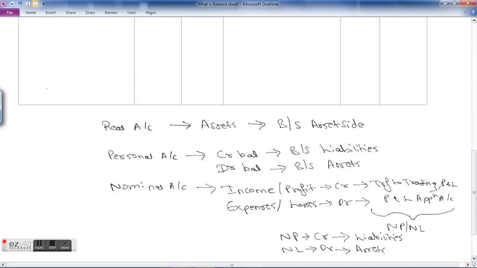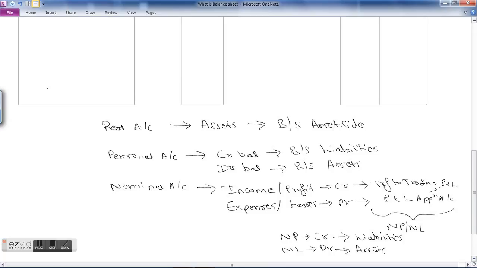You'll be wondering how the net profit will be shown under liabilities. Remember that liabilities include the capital account also. A business or an entity is different from an individual person. If I am investing a certain amount of capital in the business, it's similar to a loan taken from me.